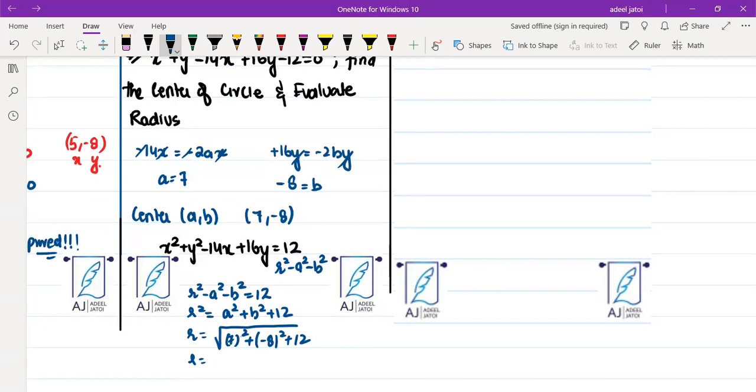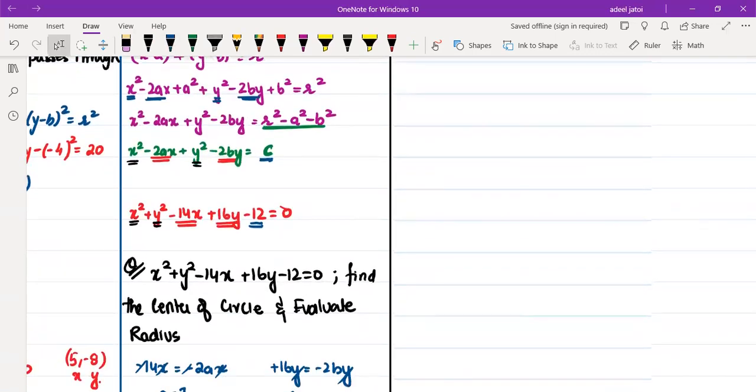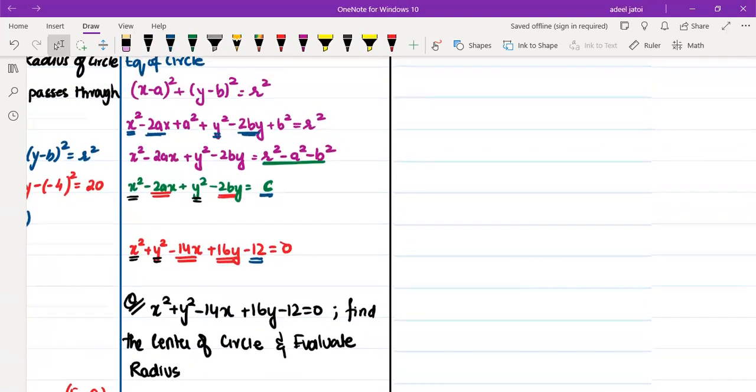So 49 + 64 + 12, which is the square root of 125, and r can be written as 5√5 as well. So the answer for the center of the circle is (7, -8), and the radius is 5√5, with the comparison method of opening up the equation of the circle.